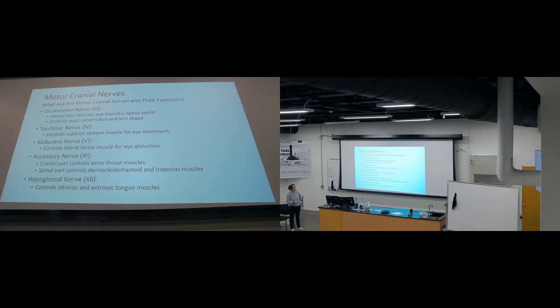And then we have this other part that helps us to control the diameter of the pupil. Do you know where your pupil is? It's in your eye, it's the opening of your eye. So the pupil changes. It can get bigger, which is called mydriasis, or it can become smaller, which is called miosis.